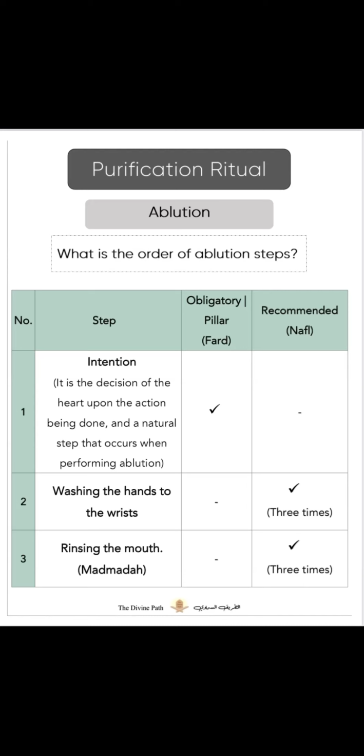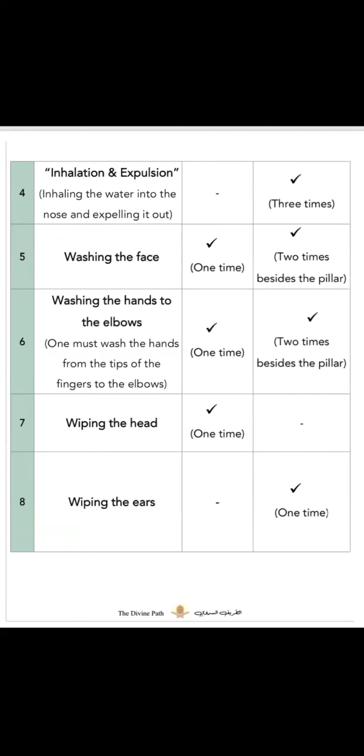For example, point number 5 says washing the face. It is marked 1 time for the pillar and also marked 2 times besides the pillar. So the first time they perform it, it's required. It's obligatory to do so. And the 2 times after it's performed, it's considered sunnah.